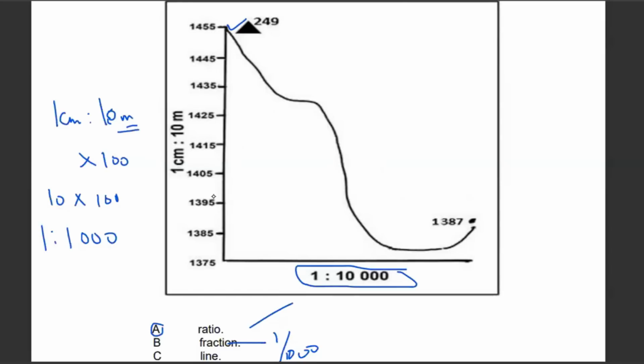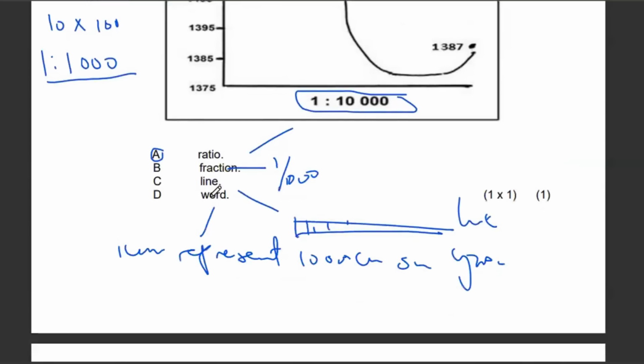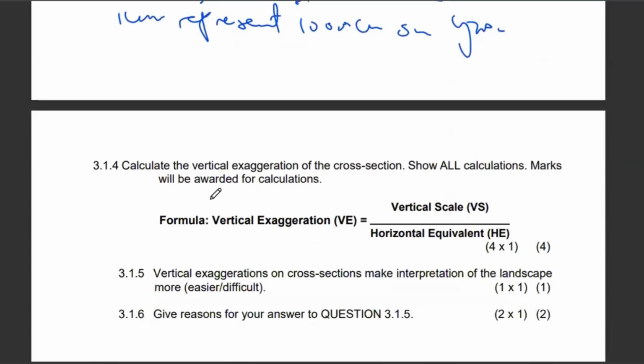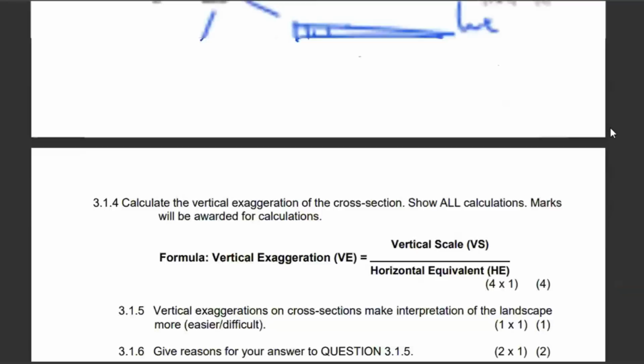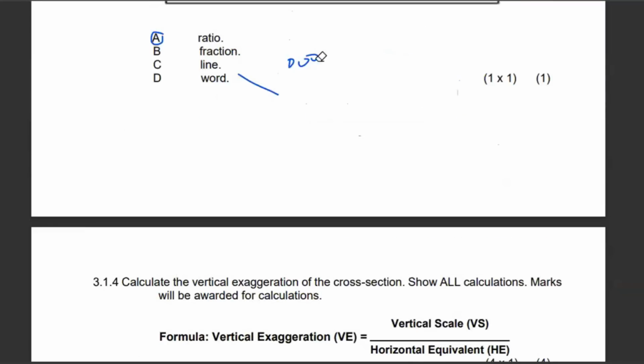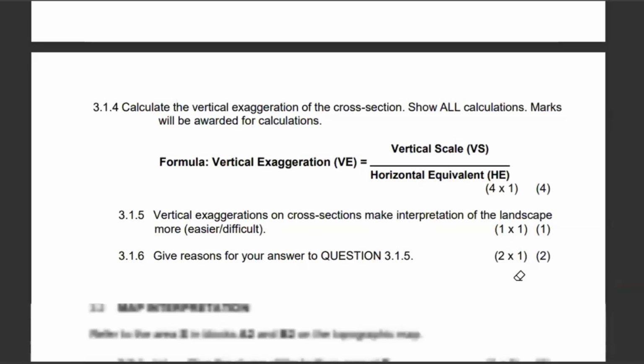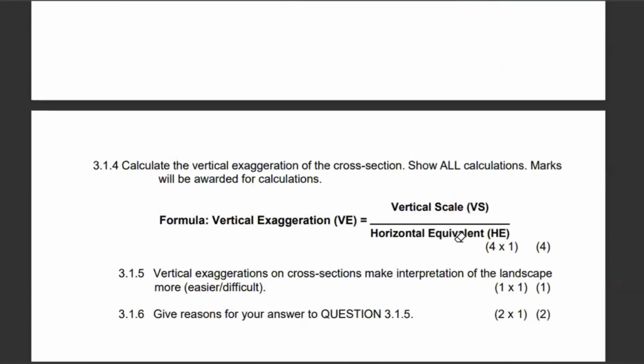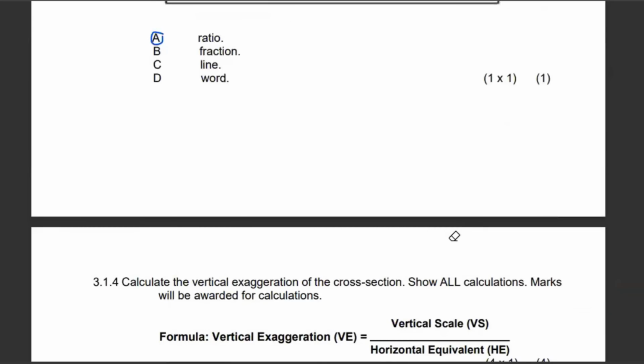We have converted our 10 meters on the vertical scale: we multiply it by the number of centimeters in a meter, which is 100, to give us 1000. So the ratio scale of the vertical is 1:1000, and the horizontal is 1:10,000. Coming to our formula, vertical exaggeration, HE, is the vertical scale over the horizontal scale.